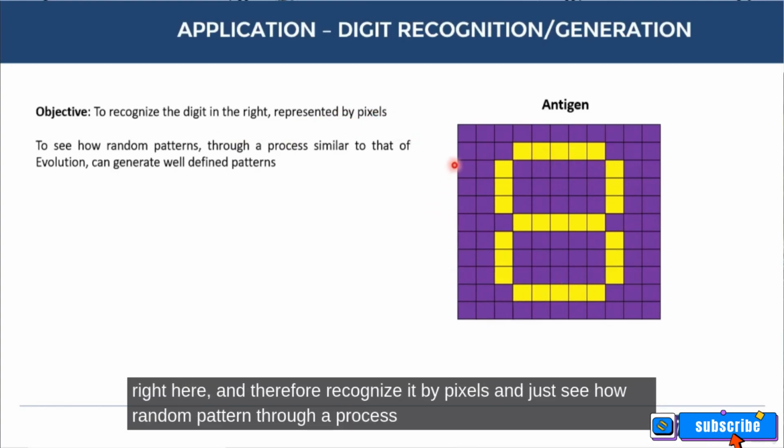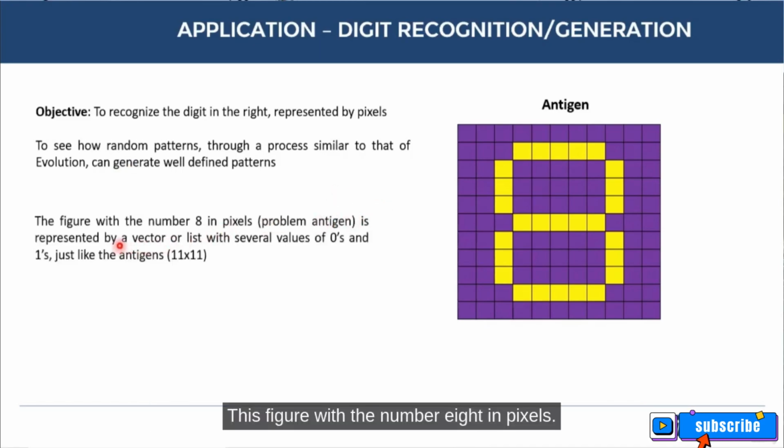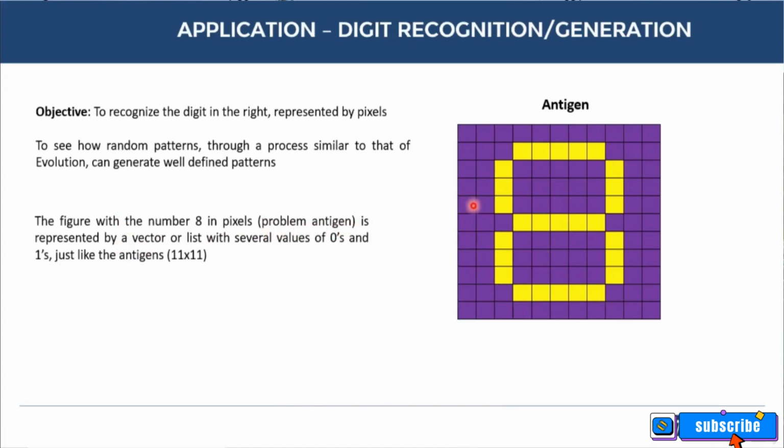therefore recognize it by pixels, and to see how random patterns, through a process similar to that of evolution, can generate well-defined patterns. The figure with the number 8 in pixels, here's the problem antigen, is the objective.